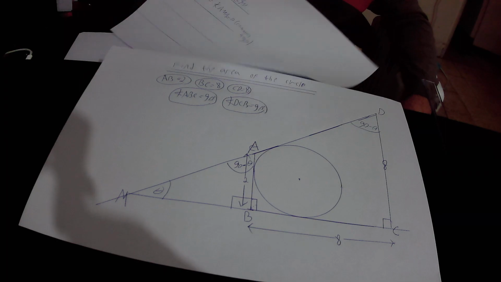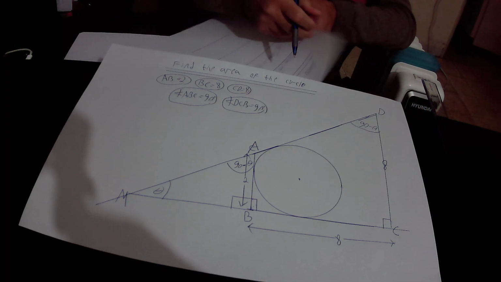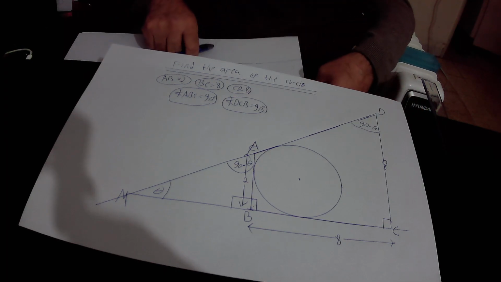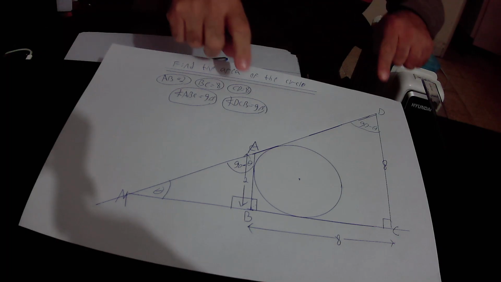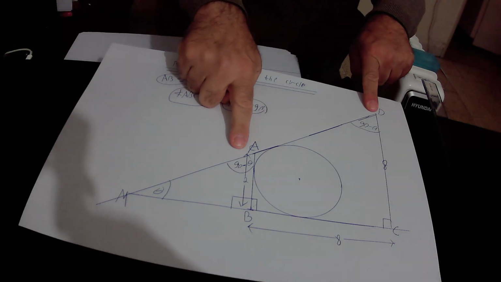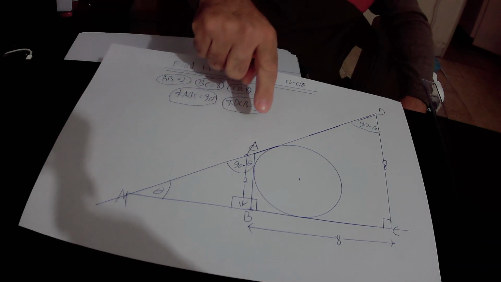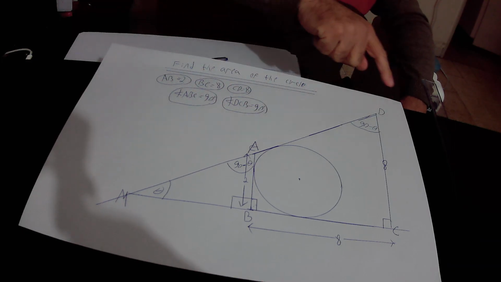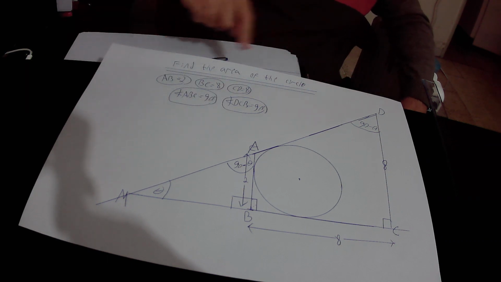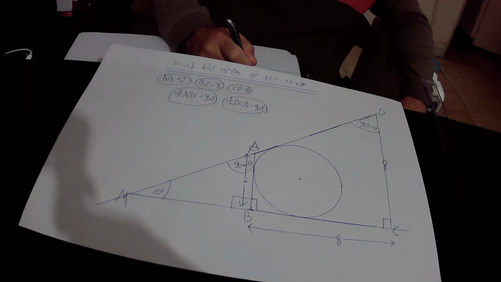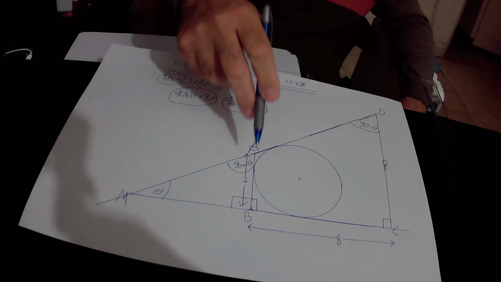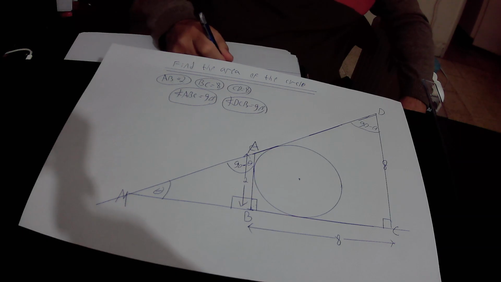And finally, those two angles are both equal to 90 degrees minus theta, therefore they are equal to each other. So angle CDM in the big triangle equals angle MAB in the small triangle.